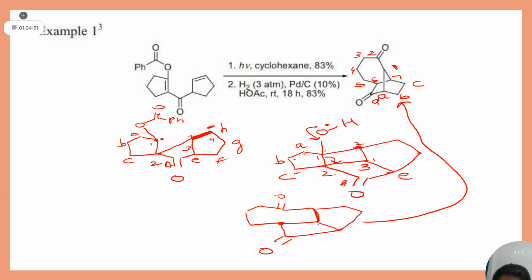If we look at the common carbon between the 5 membered and 4 membered ring, it is this. Let me number it A and B. You can write here 5 and 4 membered ring, common carbons are A and B. Your 5 membered and 7 membered, B and C. Your 4 membered and 7 membered, B and D.